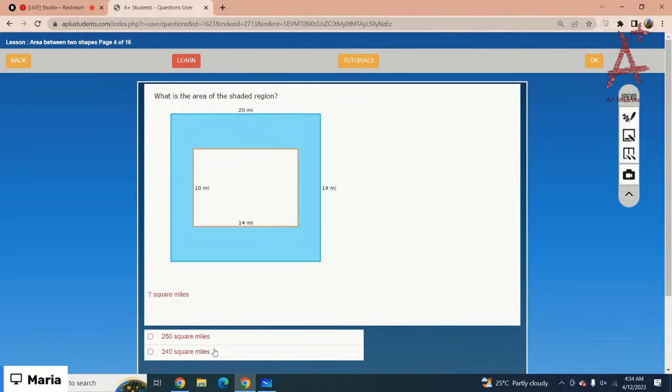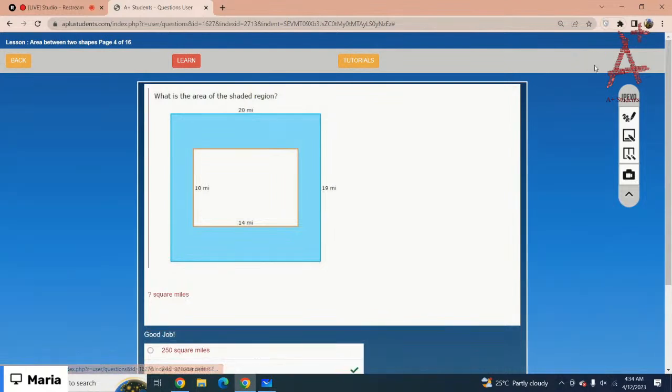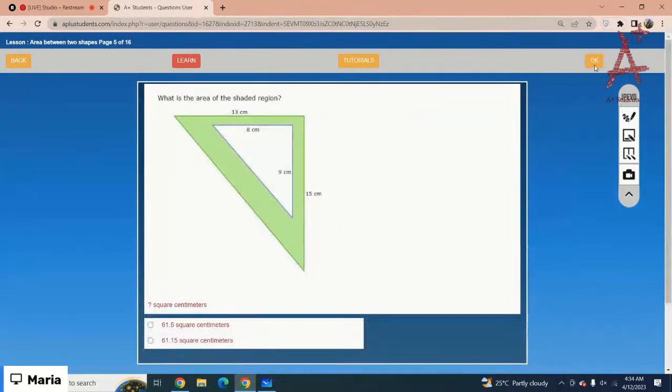Very good. Okay, what would be the area of the shaded region?